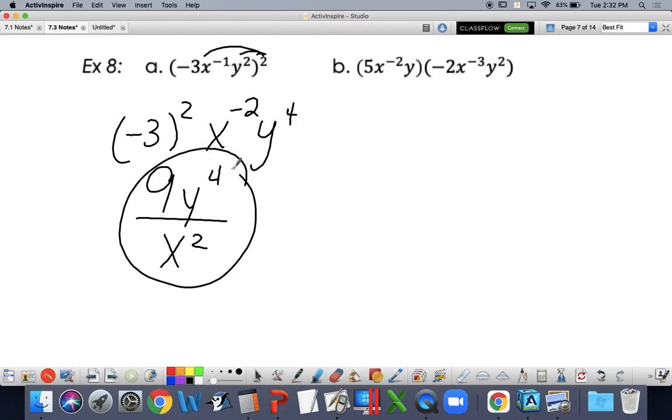Yep, don't move that negative 10. That's the only thing.